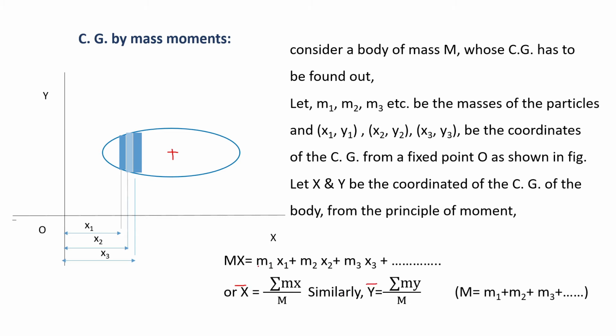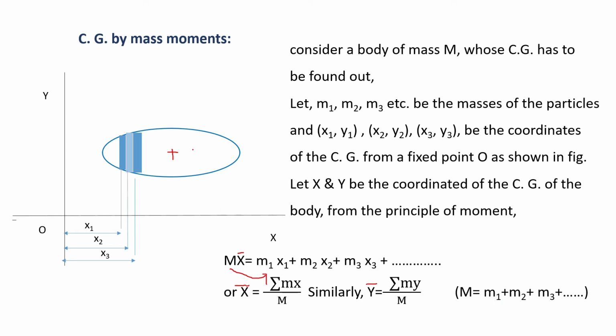When we write down this equation by taking M to the other side, we get x bar equal to summation of m x divided by M. Similarly, y bar is the summation of m into y, with all the distances y1, y2, y3 measured from the reference x-axis, and M is the summation of all the masses.